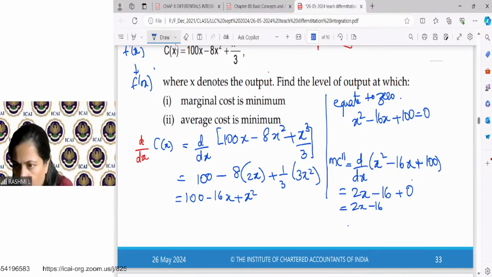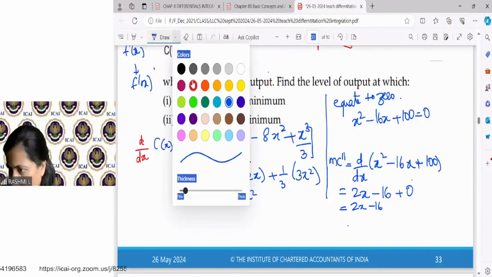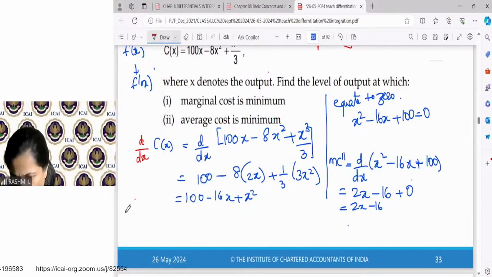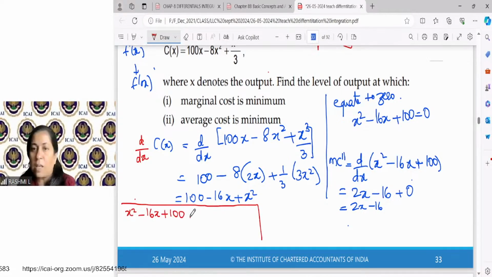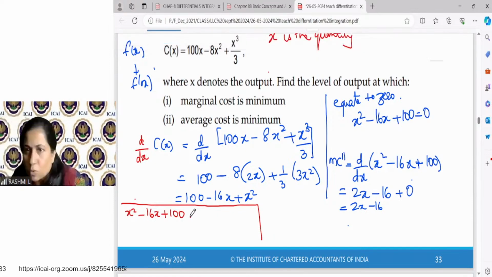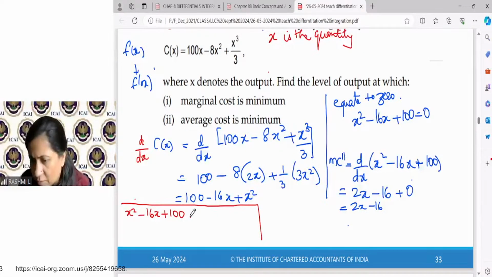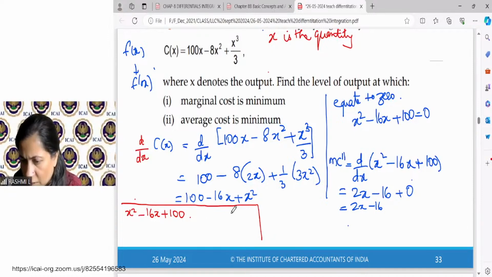Let me show it over here. This is x square minus 16x plus 100. So what do I have? Factors of 100 are 25 and 4.